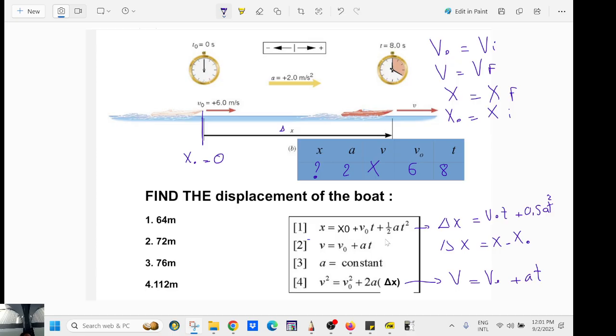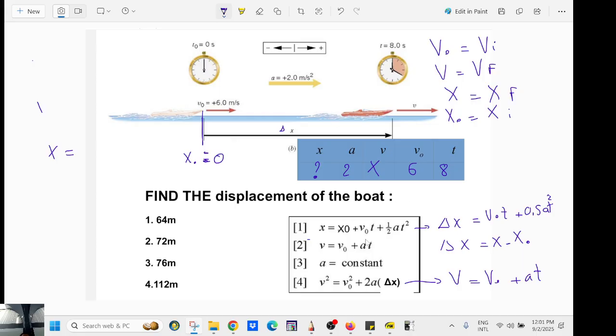You see? So final position equals initial position. They don't specify, so you say okay, it's 0. If they don't specify, it's 0. Yeah, you can make it 0. Yes.